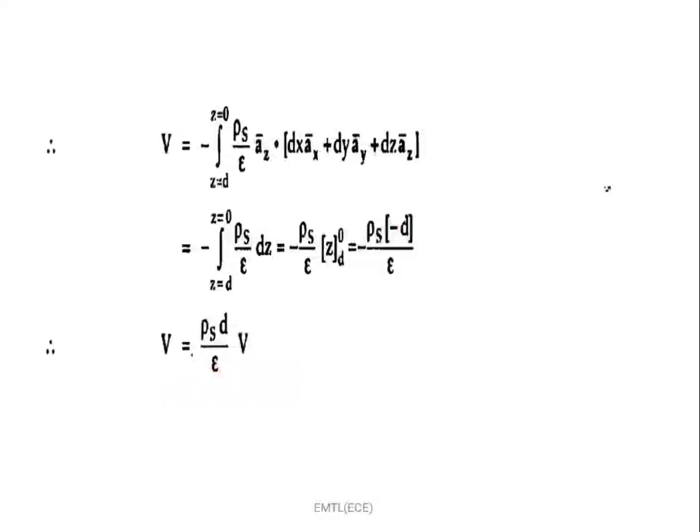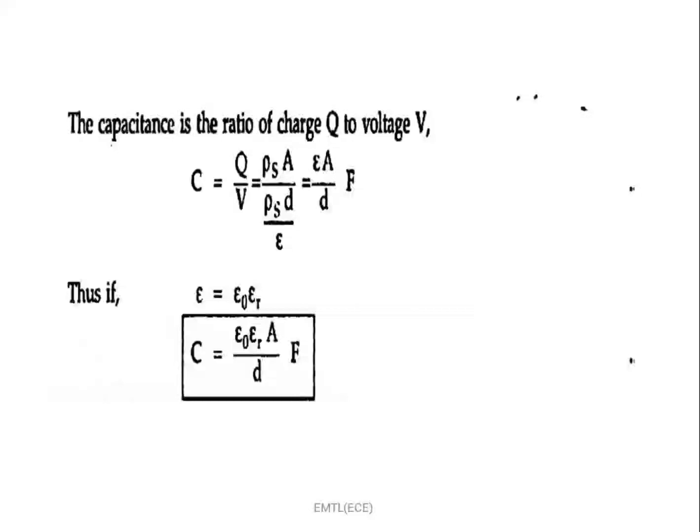Finally we have to find the capacitance. As per the definition, capacitance is the ratio of charge and voltage. We know the charge for this surface charge distribution, that is rho s A. In the previous equation we found the value of voltage, that is rho s d by epsilon.